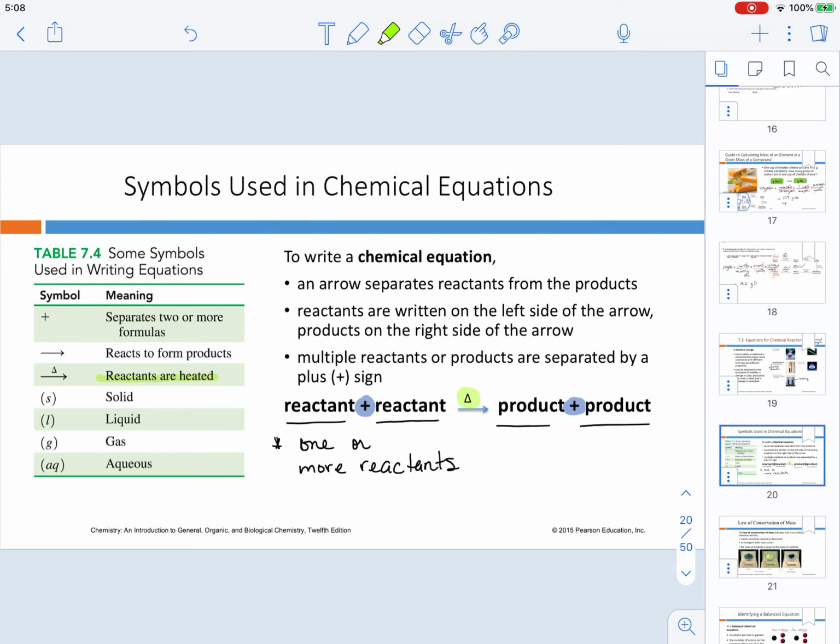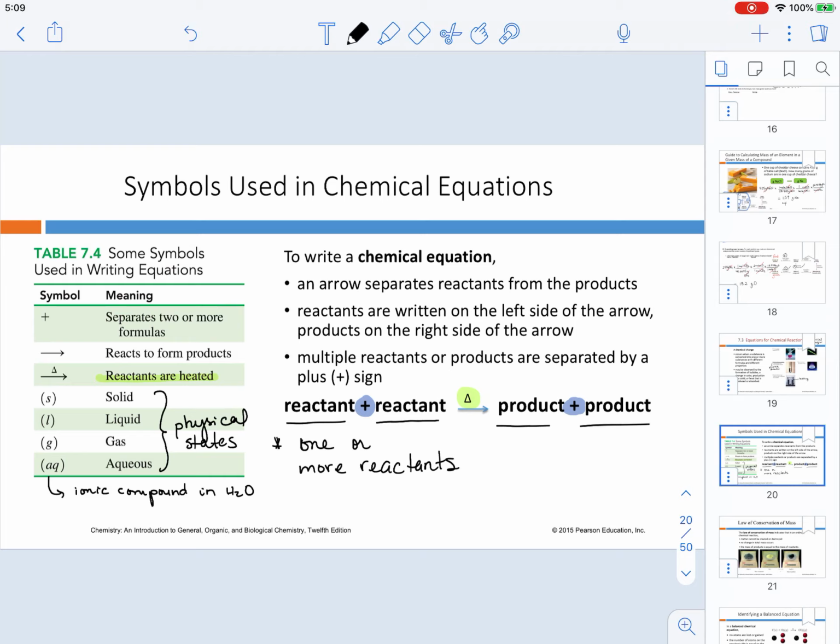In addition to that, we can have the different physical states for reactants and products. And as you can see, we have a little s for solid, a little l for liquid, a little g for gas, and aq for aqueous. Aqueous is something that is new. Understand that aqueous means that we have an ionic compound or a compound in general in water.